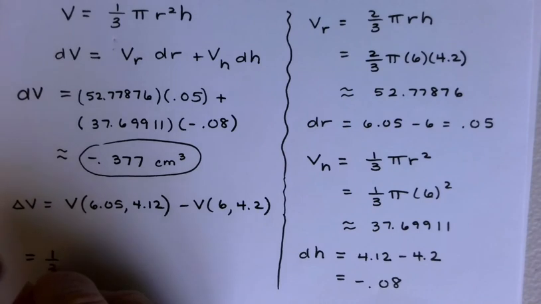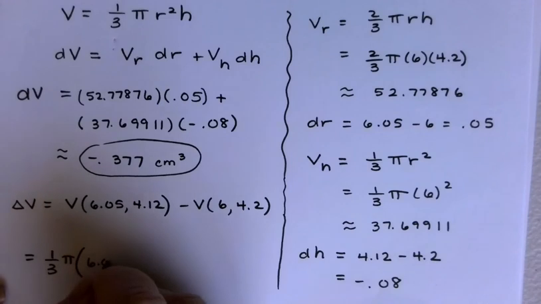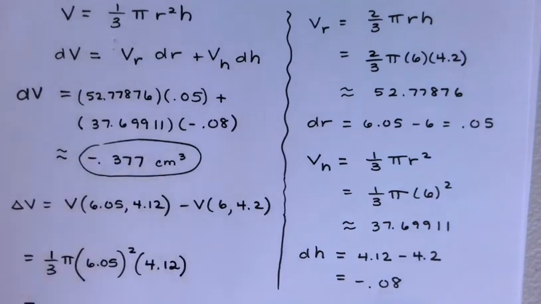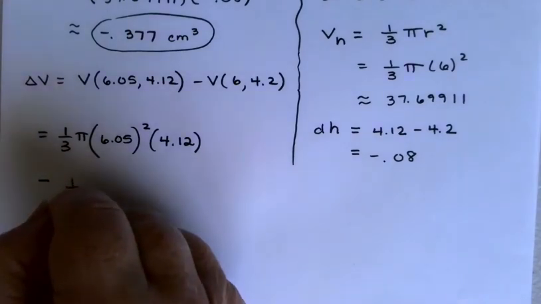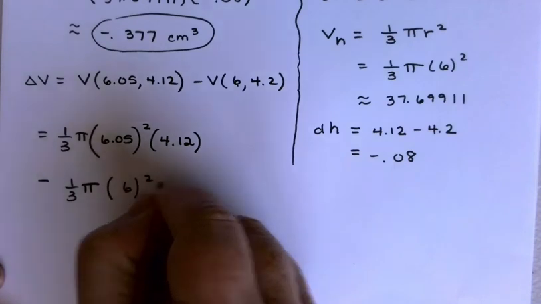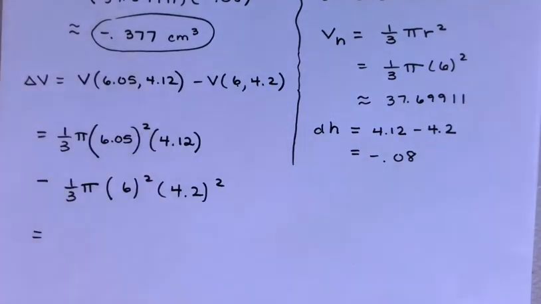So I'd get a 1/3 pi times that radius squared times that height. And we would subtract a 1/3 pi times 6 squared times 4.2 squared. And that will actually give us our true change in volume.